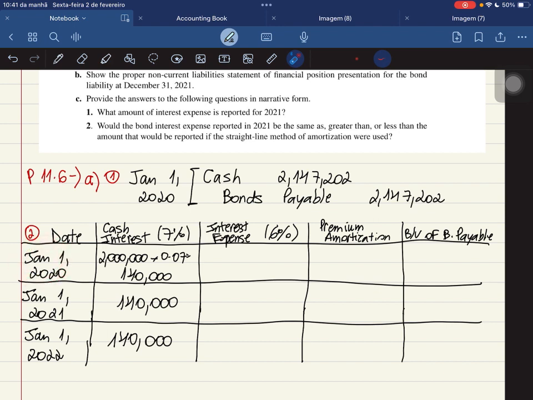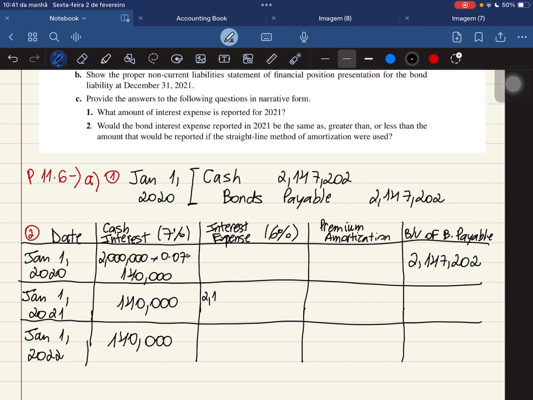So actually the only value that we're going to have is the book value of the bonds payable, which is going to be the issuance price, because at January 1st of 2020, nothing has happened, no interest has been accrued up to this point, so we're just going to put the book value.